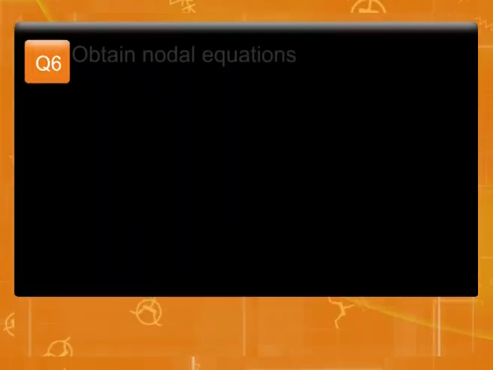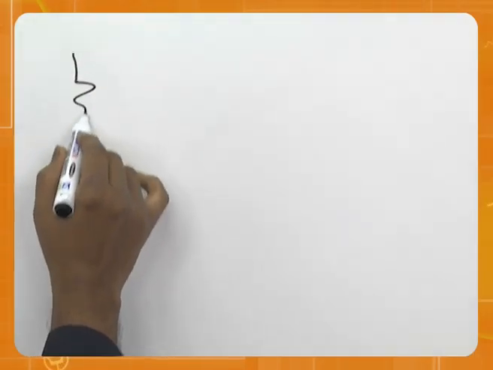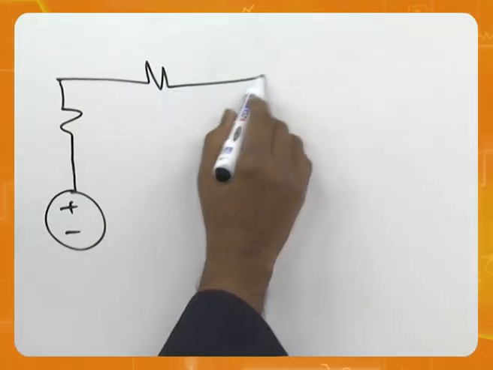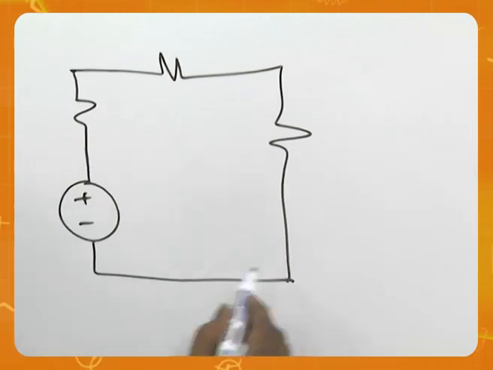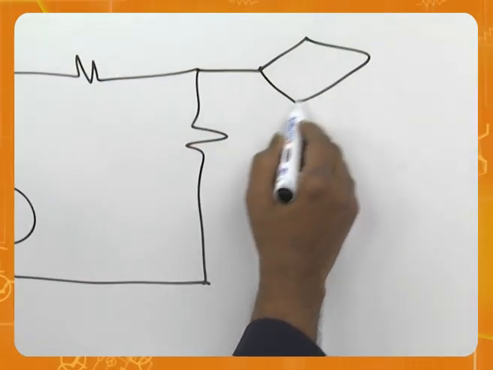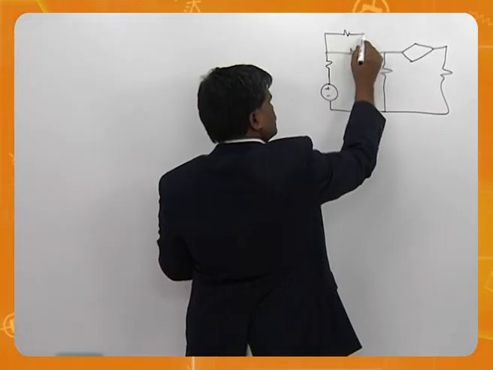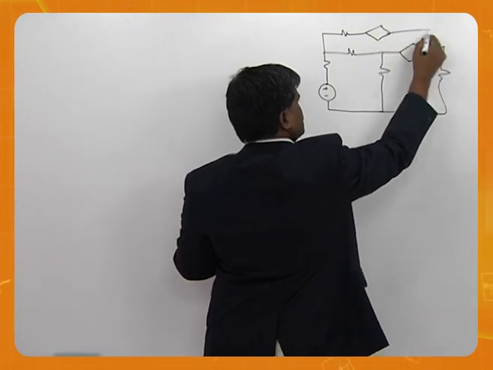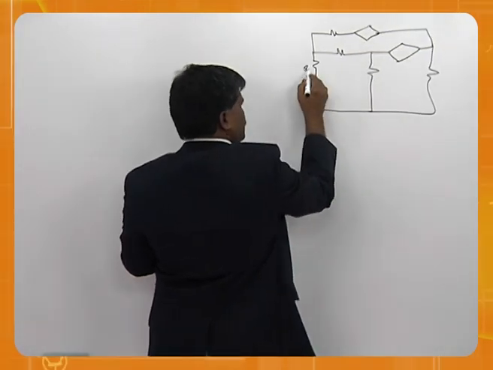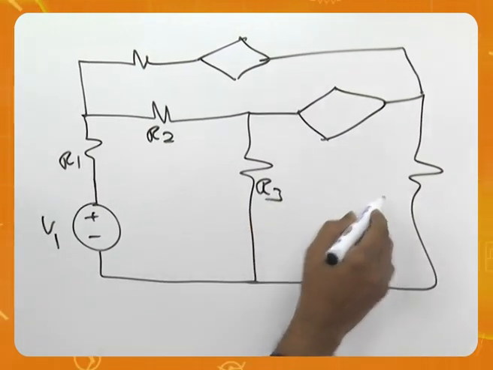So let us go to another problem, the same type but slightly changed. I would be happy if you can observe what modifications I am doing. This resistance I have removed. That's all. V1, R1, R2, R3.